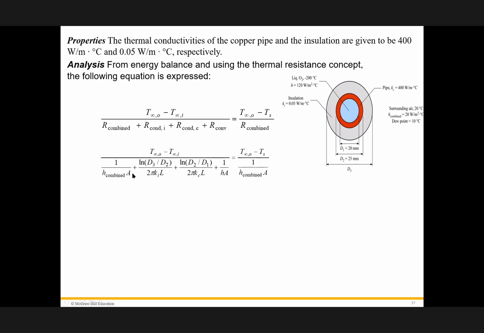Therefore, we have to keep in mind, I put A. You have to make sure this A is different from this A. This is the area for the interior part, this part. This is the area outside. Therefore, please put Ao and Ai. That we keep in mind. This is the area for convective heat transfer from outside the pipe.